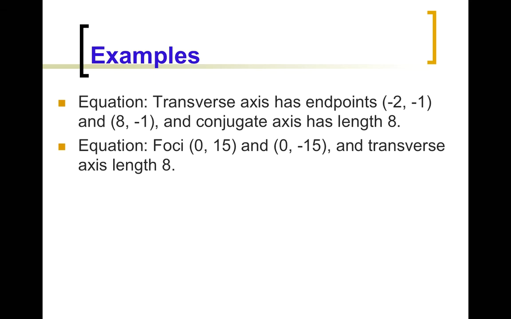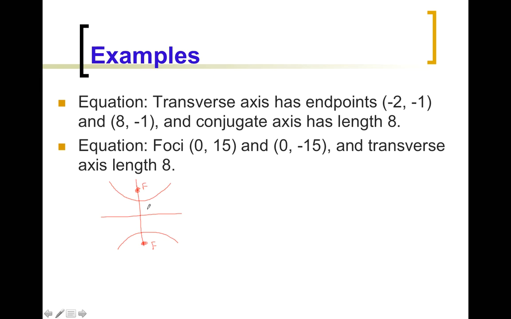What if I was to give you 2 focal points and the transverse axis of length 8? So again, I'm going to go straight to just graphing what I know. (0, 15) is up here. That's a focal point. And (0, -15) is down here. That's a focal point. Which means it's going to open up and down because the shape has to go around the focal points.